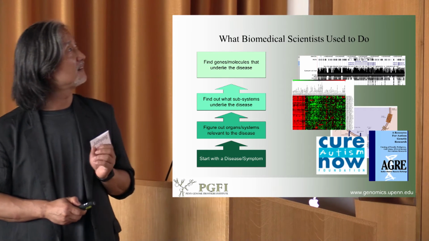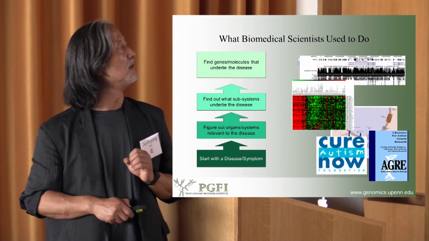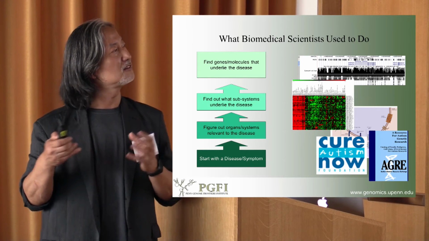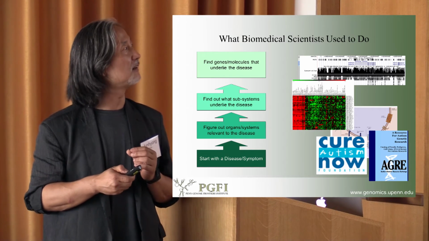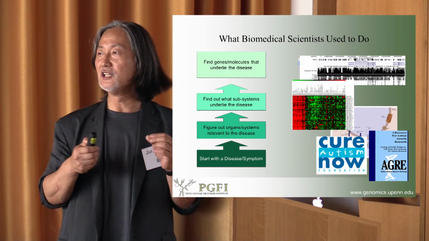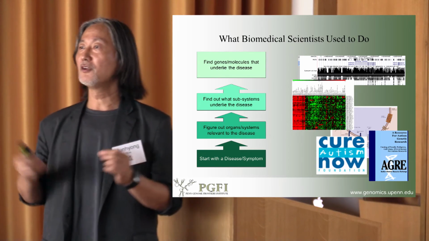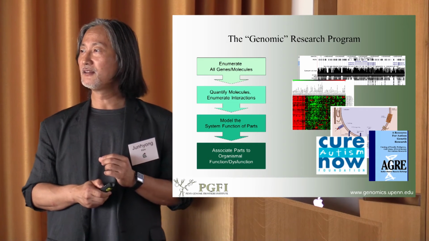So what biomedical scientists used to do is start with some disease or symptom, like say autism, and figure out what organs or systems are relevant to that disease, and then figure out what subsystems underlie that disease, and then eventually try to figure out what molecules or genes are responsible for, say, autism and so on. But the genomics research program is to invert this process.